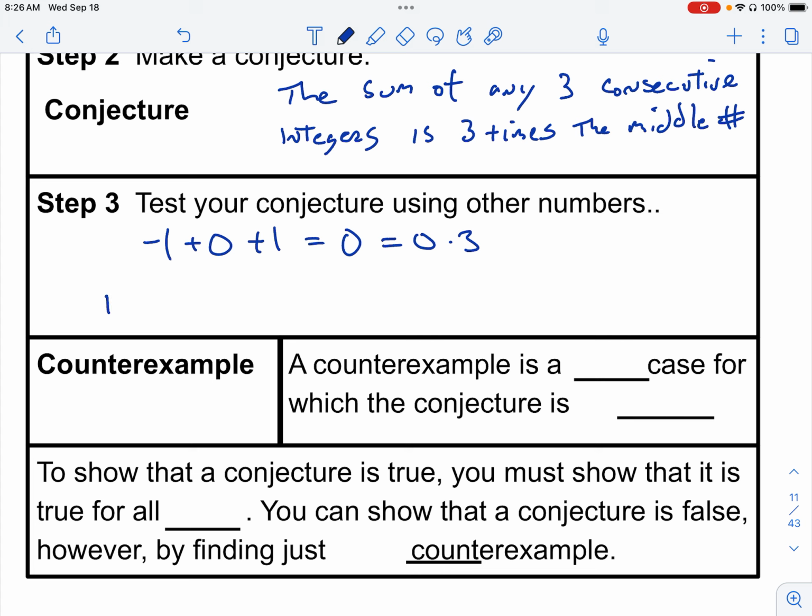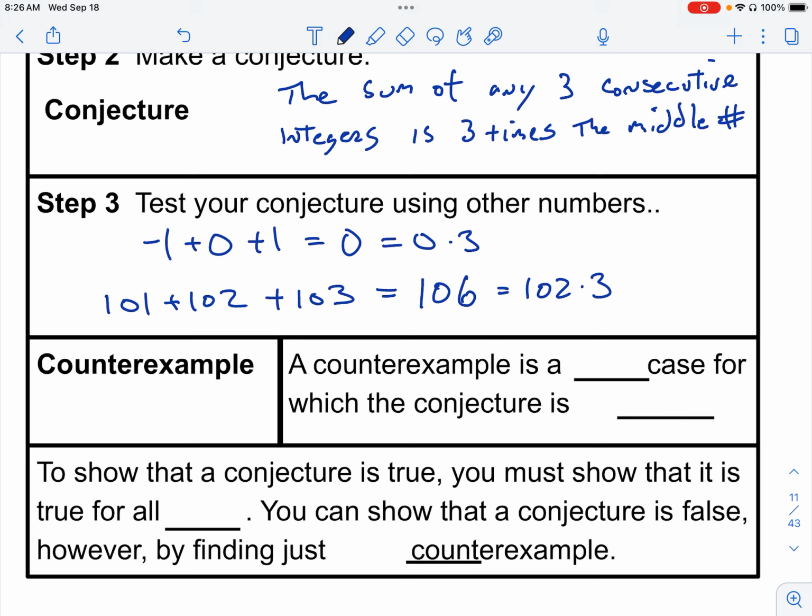But what if we pick 101 plus 102 plus 103, and that's going to equal 306. And if we divide 306 by 3, we get 102. So our conjecture holds up, which is what we were hoping for.